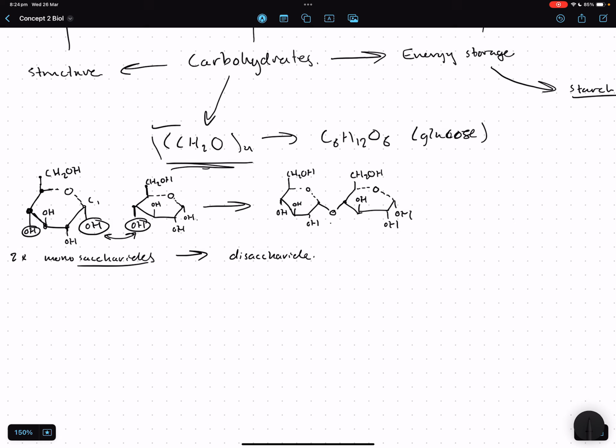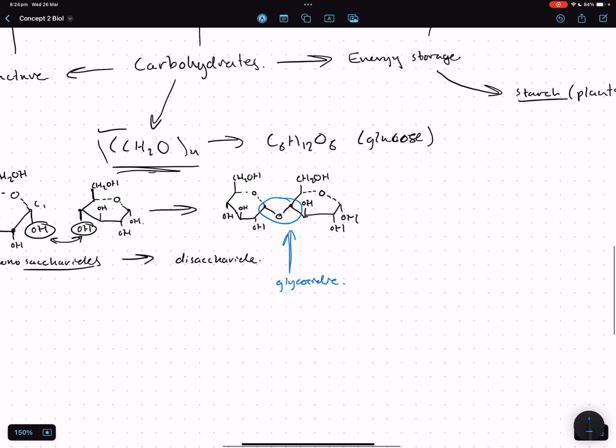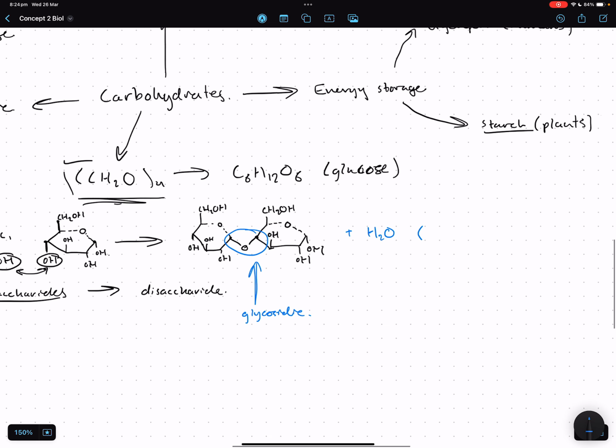You see here this bond that we form, it's called a glycosidic bond. Because we take one of the hydrogens off, or both the hydrogens off, and we take one of the oxygens off, so we also have H2O formed, and that indicates that this reaction is condensation. Condensation, make water.